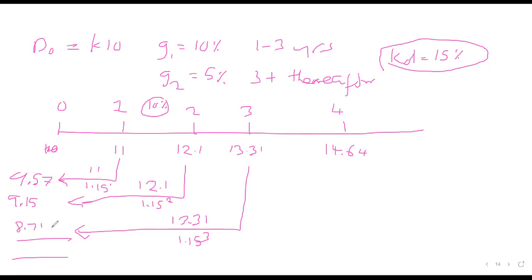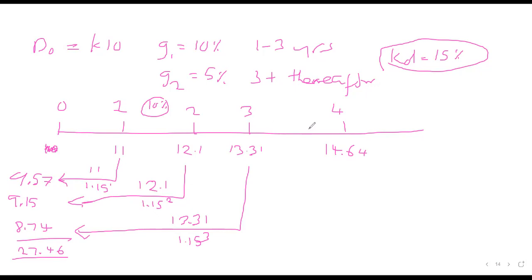So when you add these three, what are you getting? Don't add the 10. This was just helping project these three. 27.46. So this is the value of stock for the first phase.